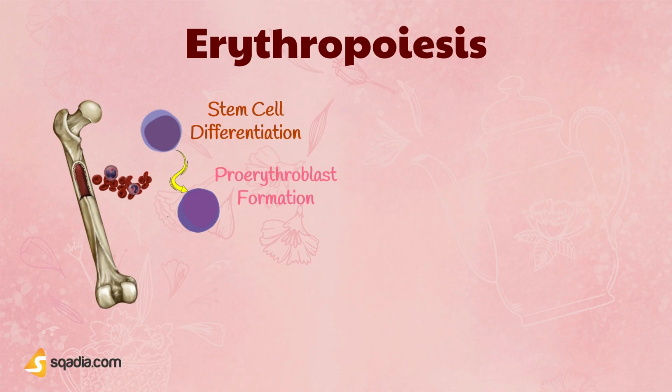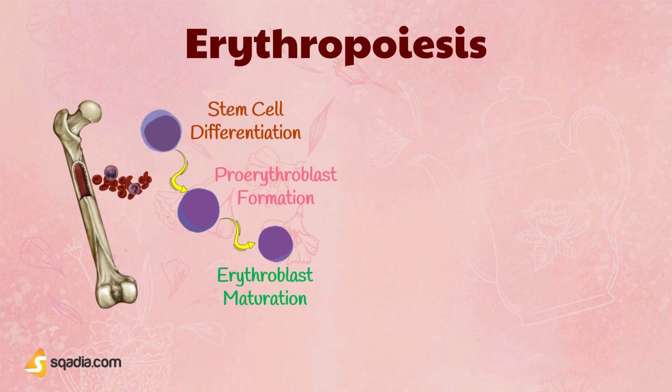Now moving on to the next step, which is erythroblast maturation. Well, what is erythroblast maturation? Proerythroblasts progress through several stages of development known as erythroblast maturation.